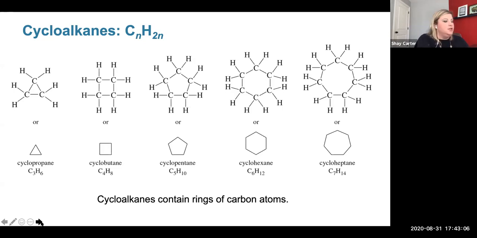Okay, and these are going to have CnH2n numbers of carbons. Okay, so we're not going to have the +2 because part of the +2 has been taken away because it has folded in on itself and made a ring. Okay, so you can see we can move and get bigger and bigger rings. We're going to talk about ring strain as well.